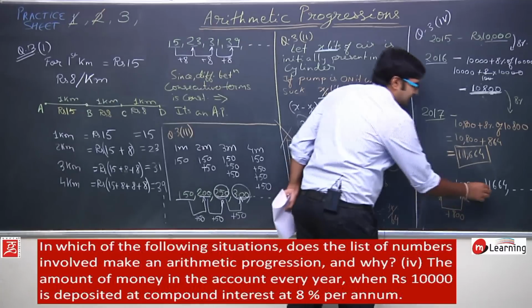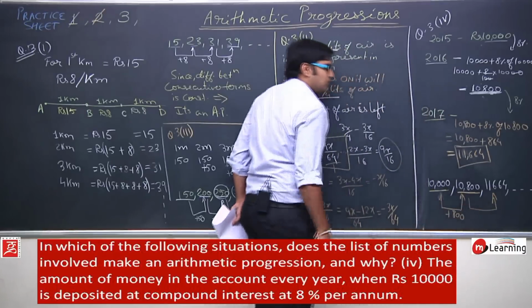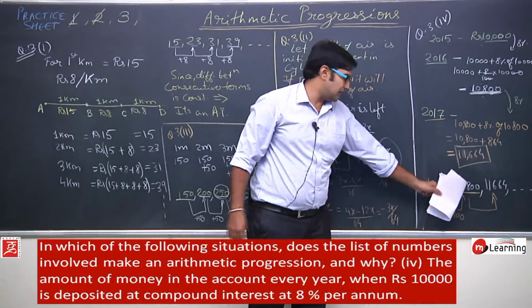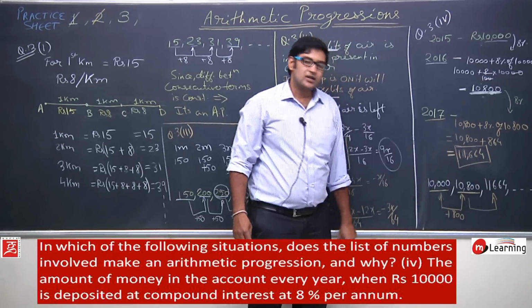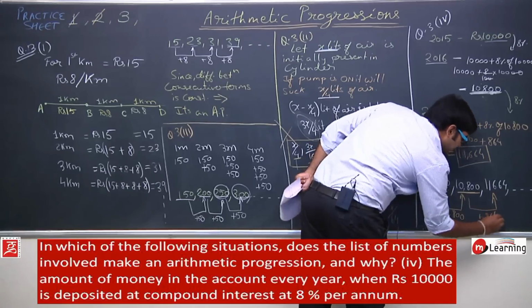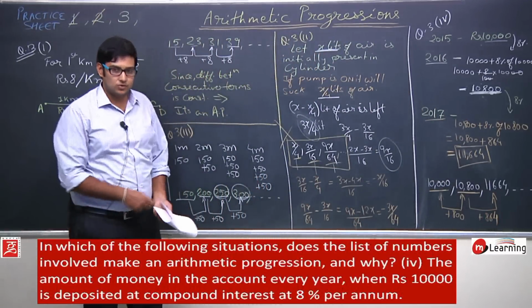Then if you check 11,664, just subtract 10,800 from 11,664. You can see this will become 864.